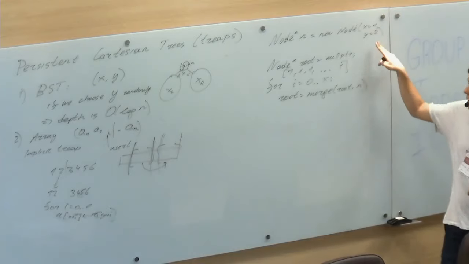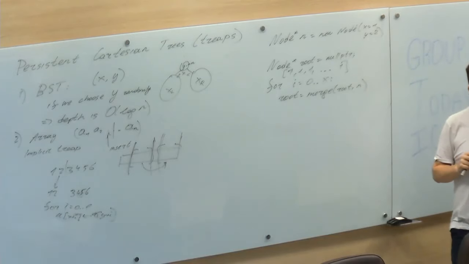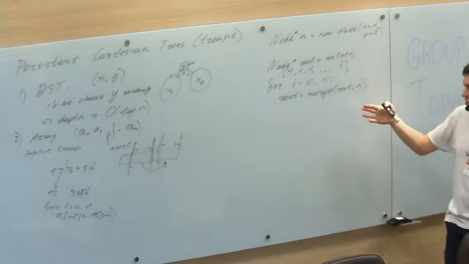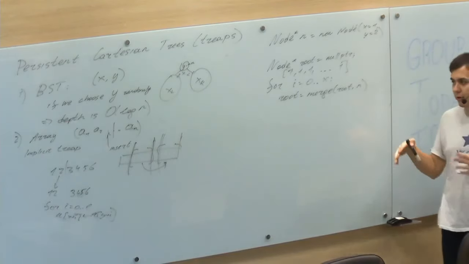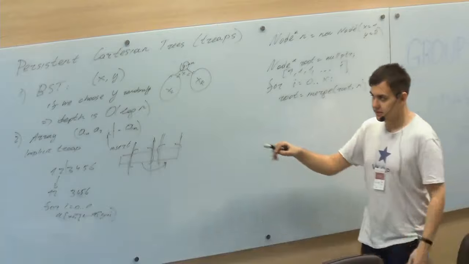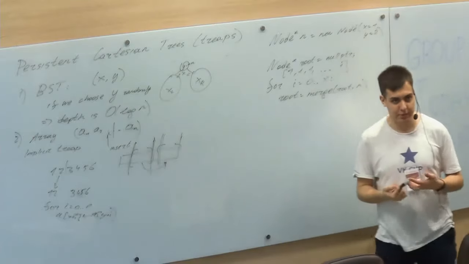Well, priorities are not random anymore. All the nodes in this tree, there are n nodes, and they all have the same priority, which is a problem, since our runtime depends on the depth being log n only when priorities are random.